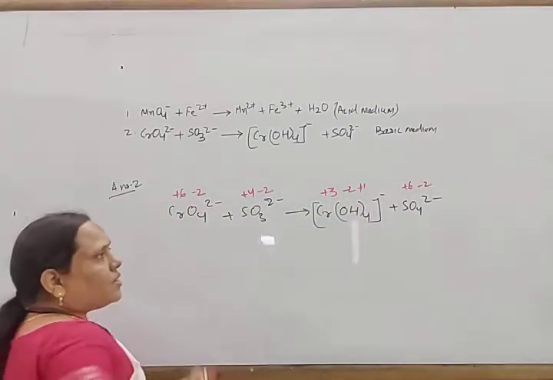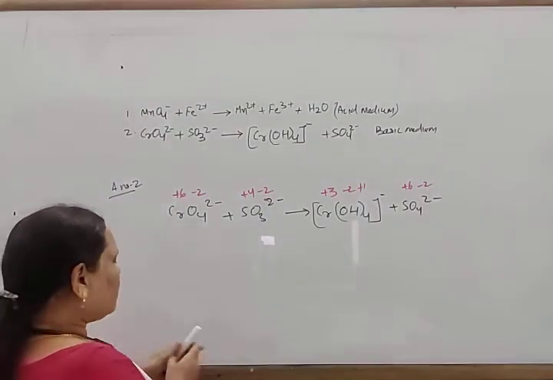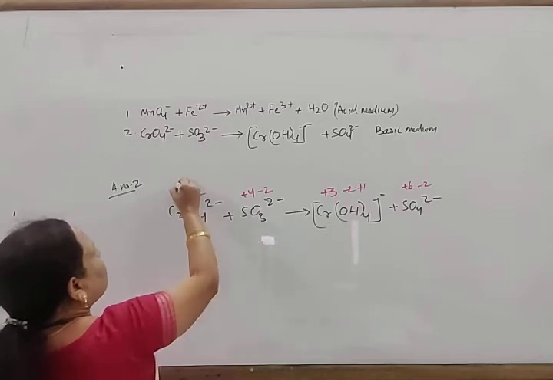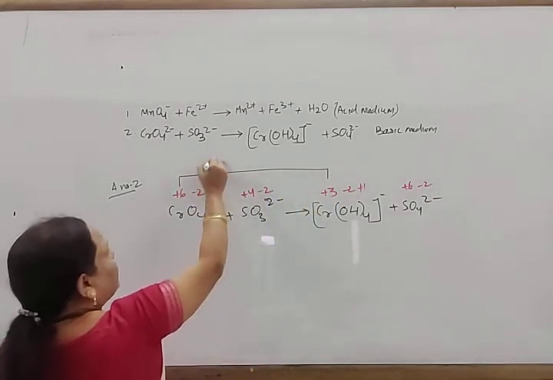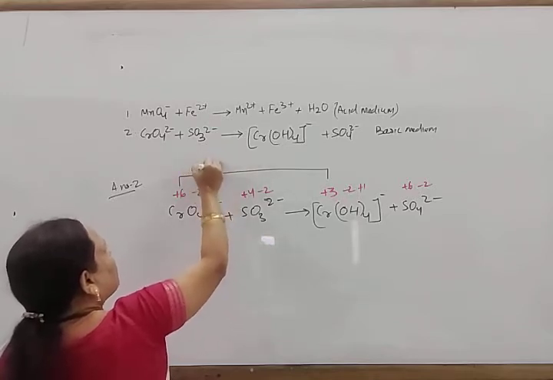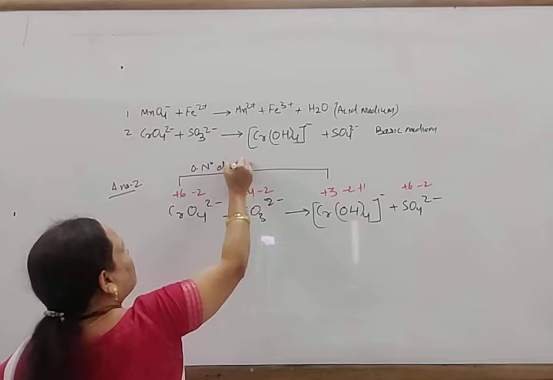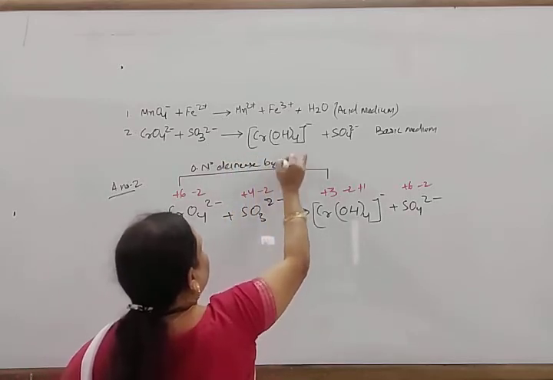Okay, so in this we find out where loss and gain of electron takes place. How many electrons lost or gained? In chromium, plus 6 to plus 3, so oxidation number decreases by 3.